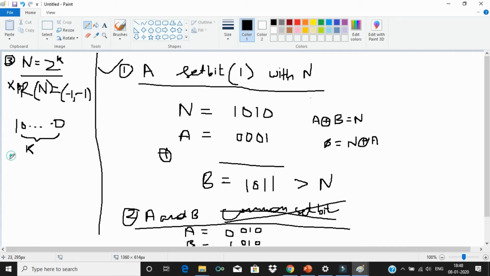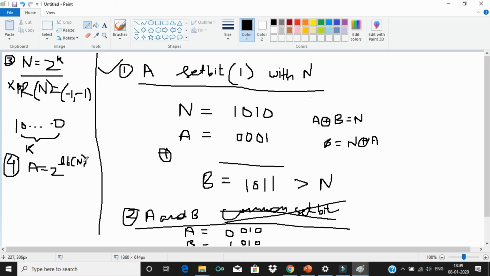The fourth property that is useful in solving this problem is that for other cases, that are not of the form where N can be written as 2 raised power k, we can represent the value of capital A to be equal to 2 raised power LB, the lower bit, meaning the lower set bit.